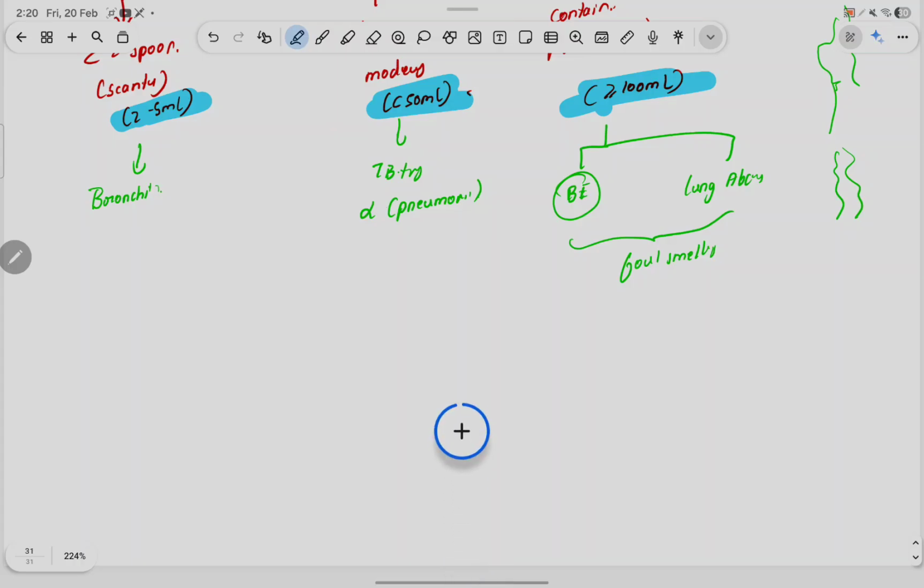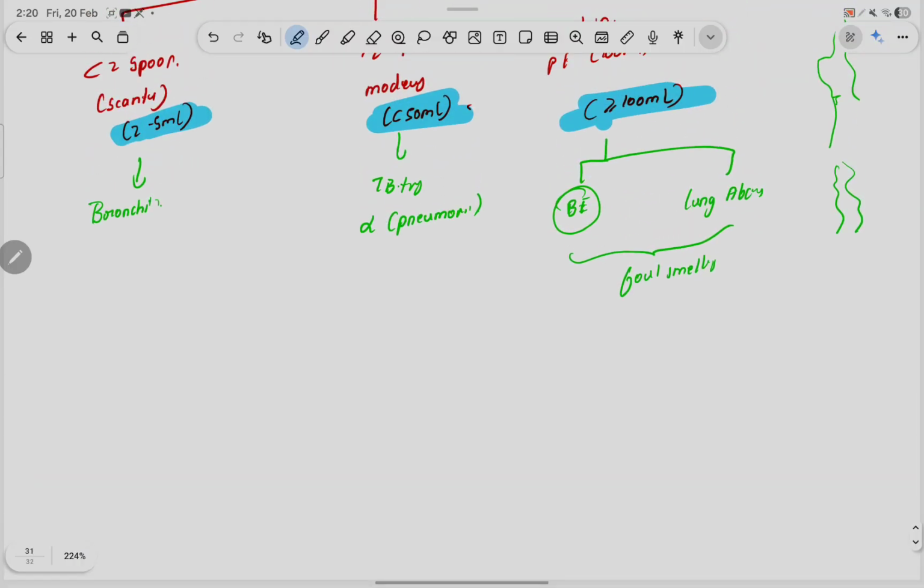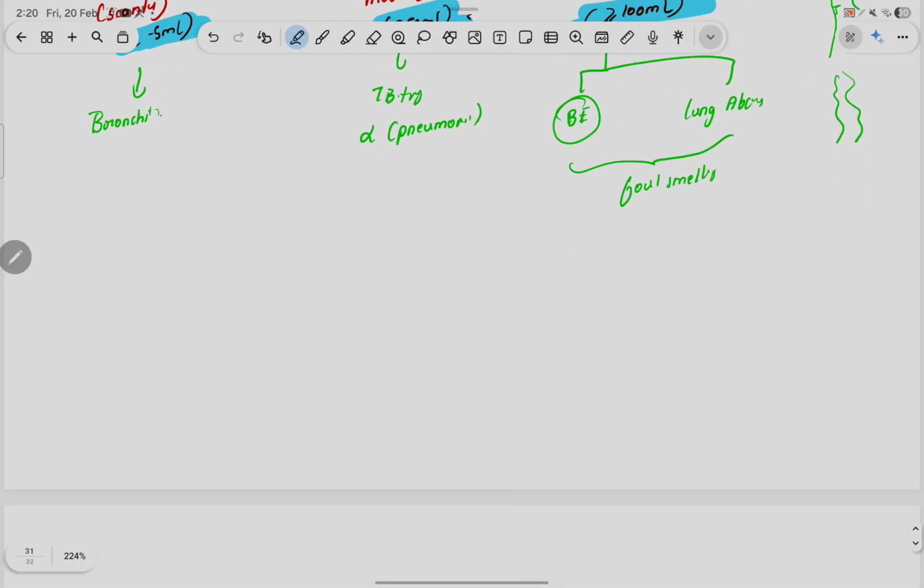Next we'll go to sputum production. Normal sputum production is around 20 to 30 ml.